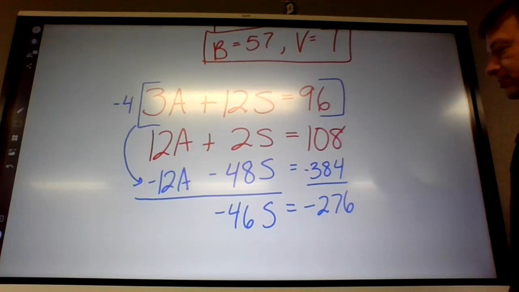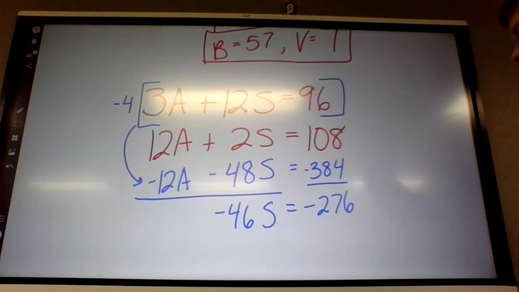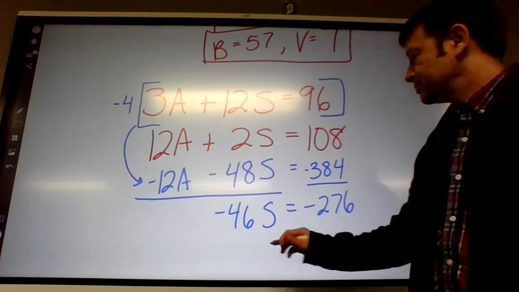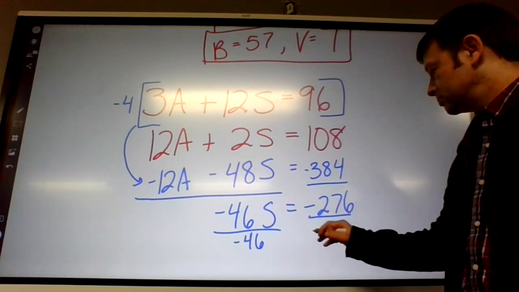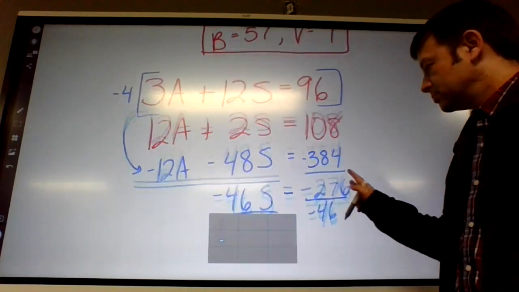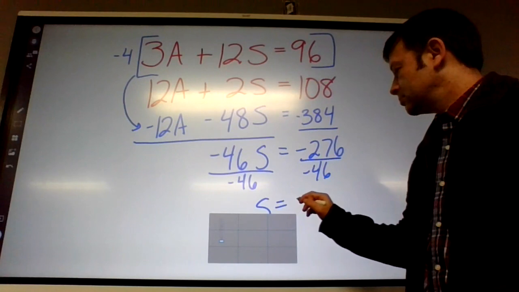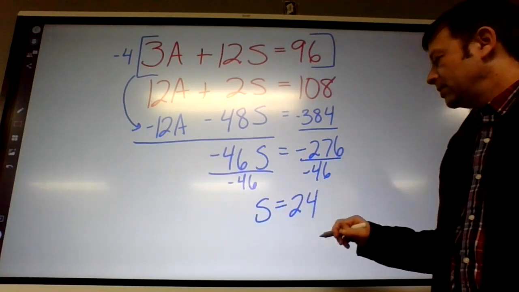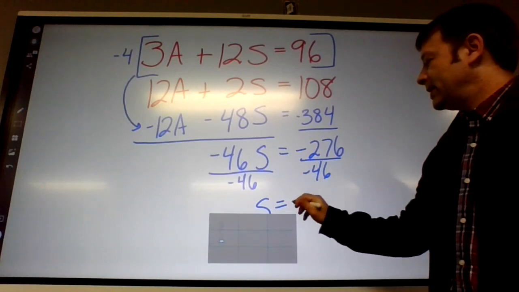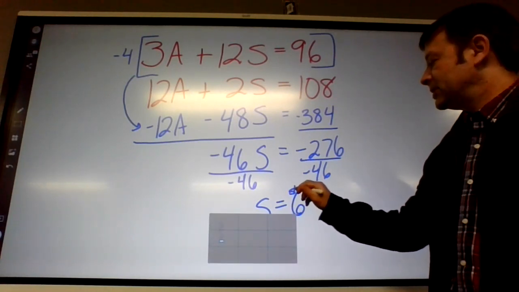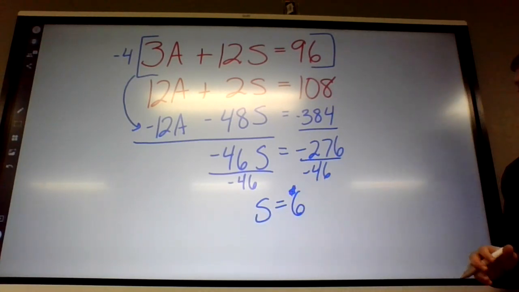I'm guessing that's gonna be 6? 24 plus 24? Yeah. Now, if you get a negative, that doesn't make sense, so you probably did something wrong.